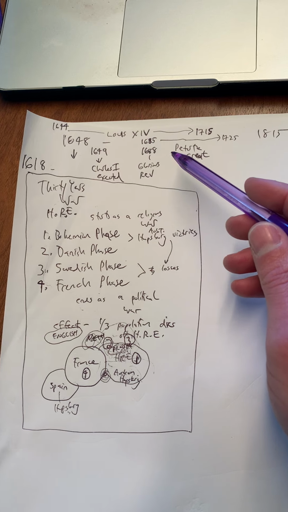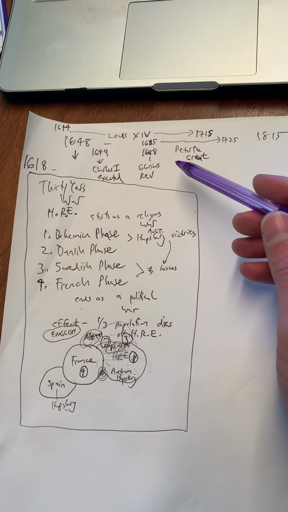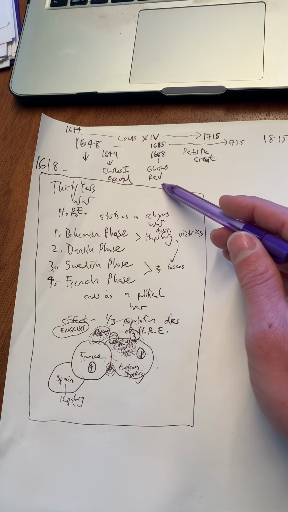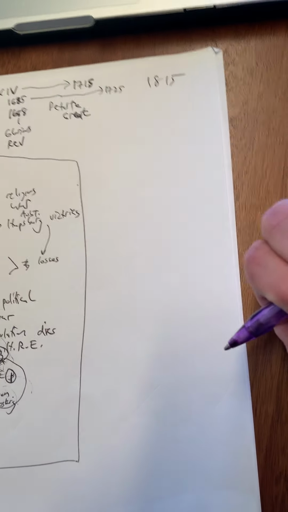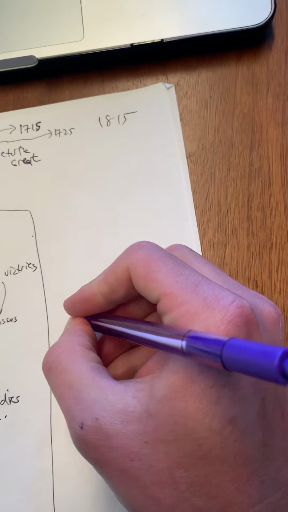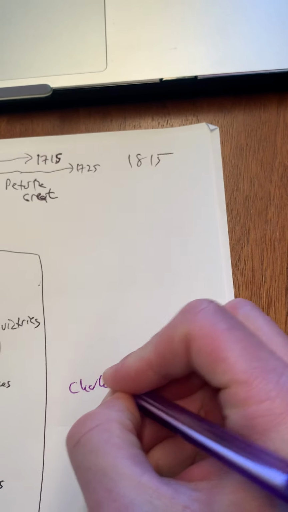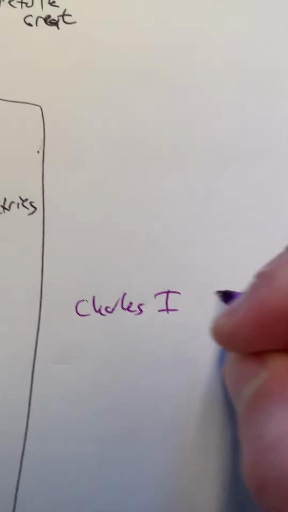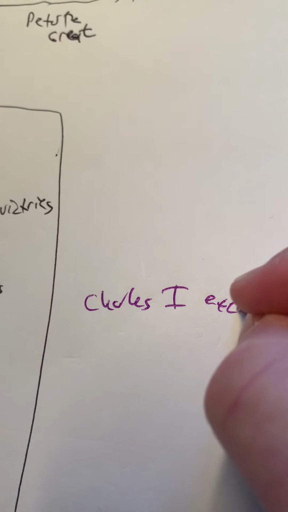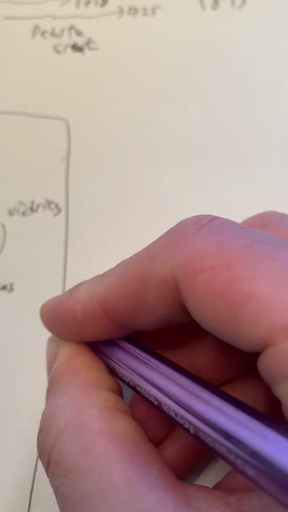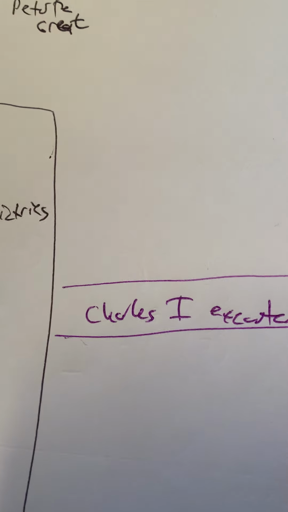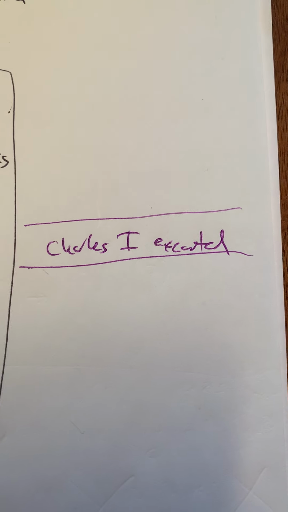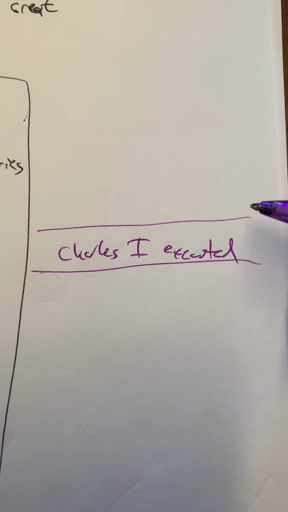And so I'm going to take you through how I think of Charles I executed to Glorious Revolution. So the way I think of this is, I think you have Charles I executed. That is sort of an important feature. And so from there, where do I go?